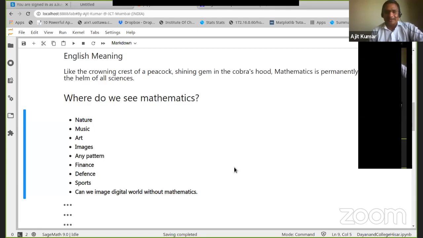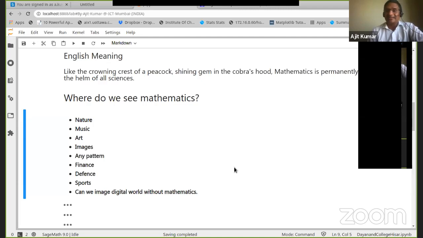Even in our body, there is a Fibonacci sequence. You see mathematics in music, in art, in image processing, not just medical images, but any image you see, it is just a matrix, and all the transformations that you see involve very simple mathematics, right? Mathematics, after all, is studying patterns, connections, and any pattern you come across definitely involves mathematics.